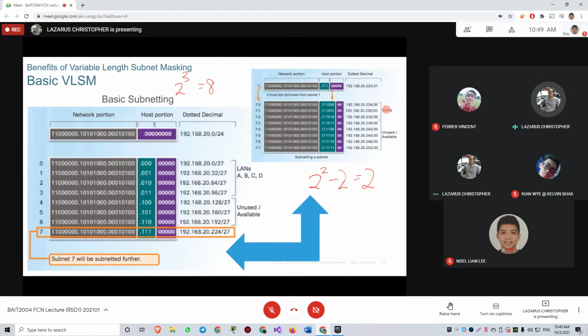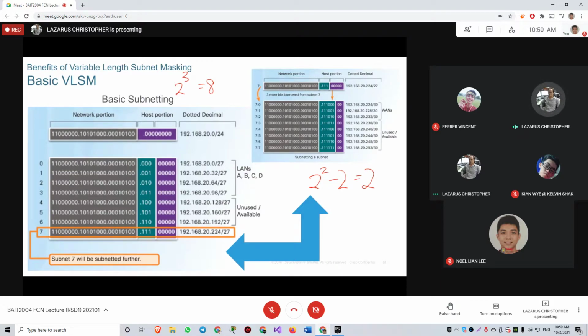We have 3 wide area networks, so we pick 3. 1, 2, 3. Because we have 8, right? 8 minus 3, we still have 5 unused. In addition to the 3 subnets within this subnet, we have also 5 smaller subnets available.